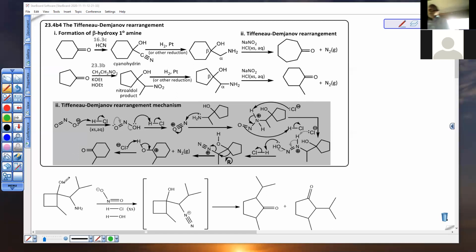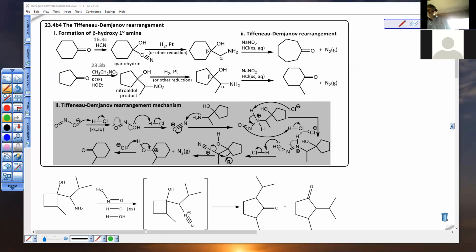If we can generate a beta-hydroxy primary amine, which we did using our nitroaldol just recently, nitroaldol product, or if you make a cyanohydrin, that's back in our past as well, and then reduce that, that's a beta-hydroxyamine. Both of these are beta-hydroxy primary amines. And you know what you can do with primary amines.